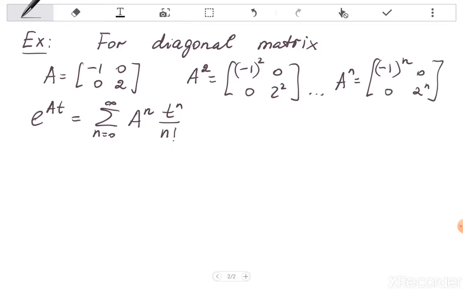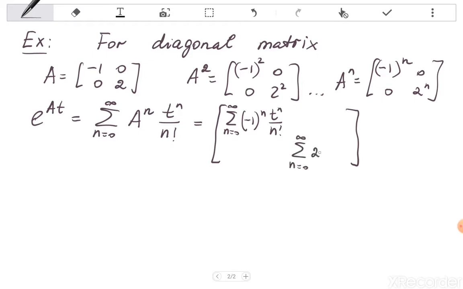So in fact, this series here is the matrix where the first entry is the series of -1 to the power n, t to the n over n factorial, and in this place the series 2 to the n, t to the n over n factorial, and zeros elsewhere. So this is in fact the matrix e to the minus t, by definition of the exponent, 0, 0, and e to the 2t.